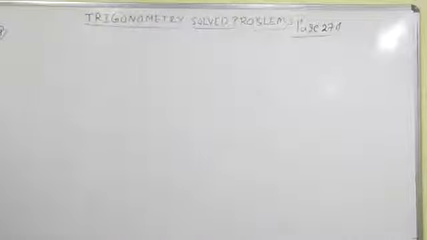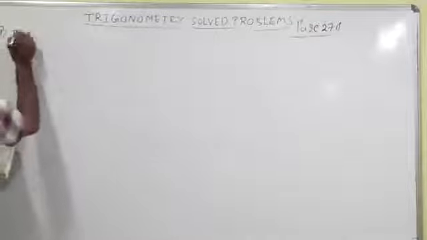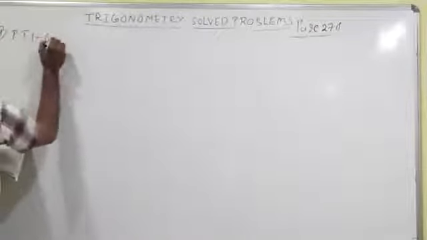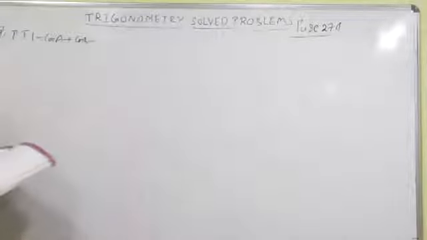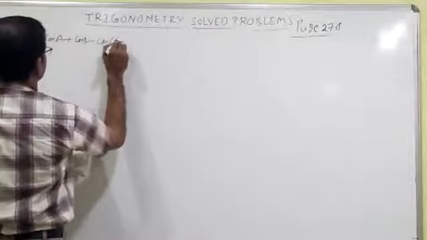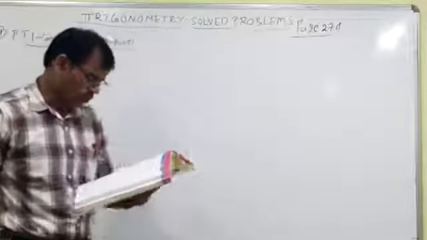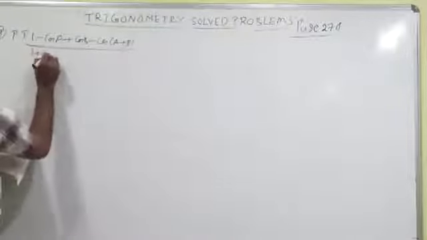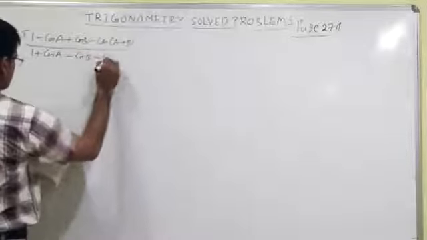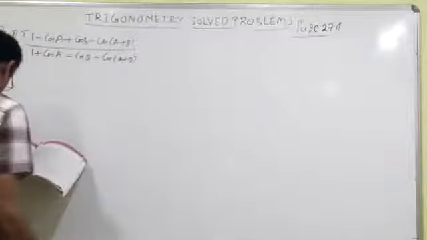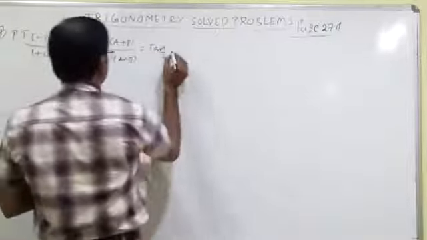Example 8. If none of a, b and a plus b is an integral multiple of pi, then prove that (1 minus cos a plus cos b minus cos of a plus b) whole by (1 plus cos a minus cos b minus cos of a plus b) is equal to tan a by 2 into cot b by 2.